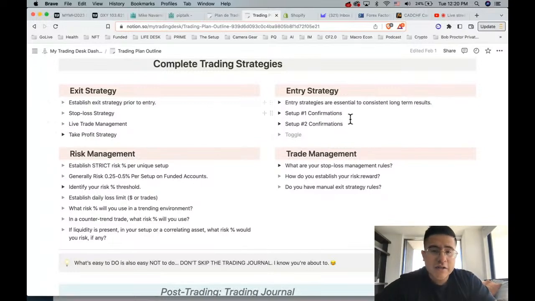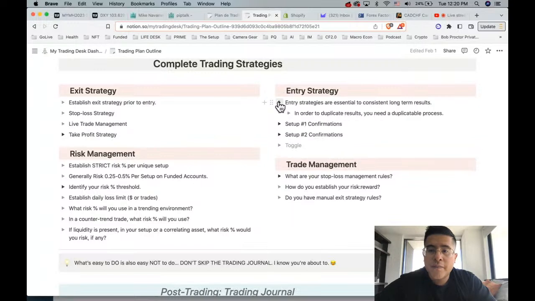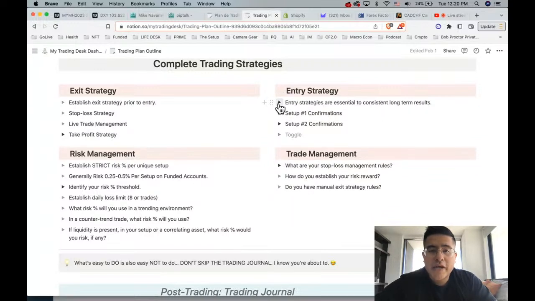For entry strategies, again, you might have 1, 2 different ways that you're getting into the market. So you want to be able to have a duplicatable process. You don't want to just randomly do different things. The reason that you want to have specific ways of getting into the market is because you want to know long term, can I trust this setup? If I see it, can I just take it?